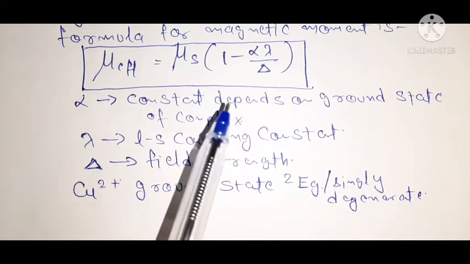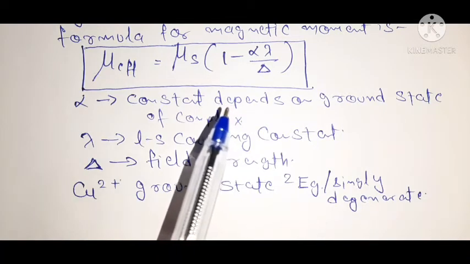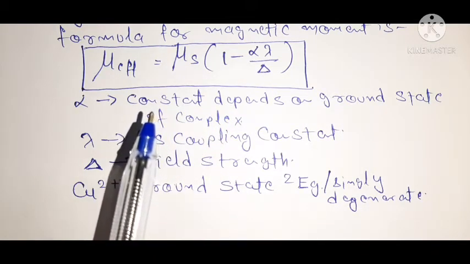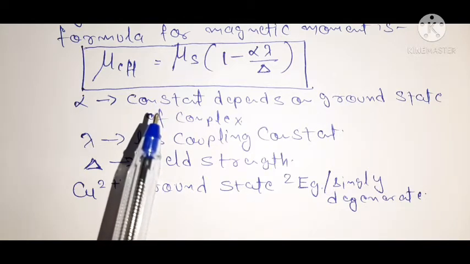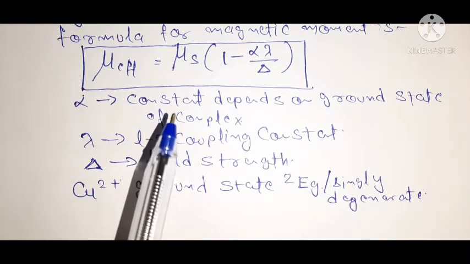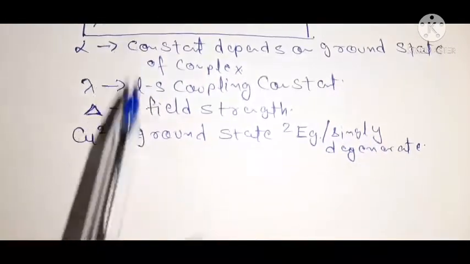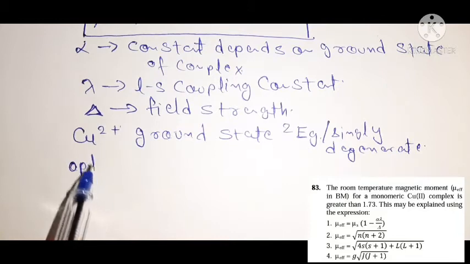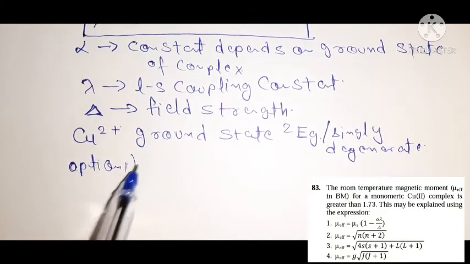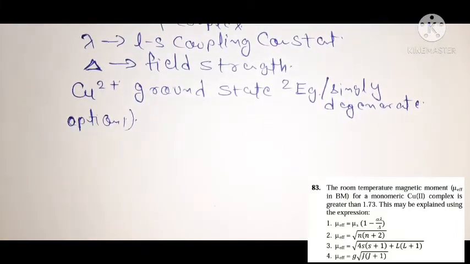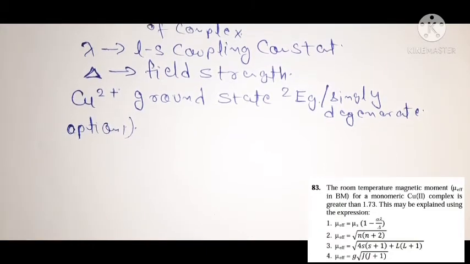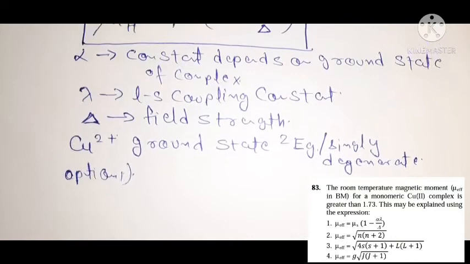So this formula will be used when the ground state of that complex is singly or doubly degenerate. Okay friends, so according to this formula, your option first is the correct answer for this question.